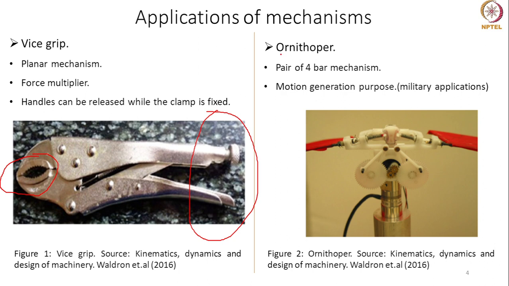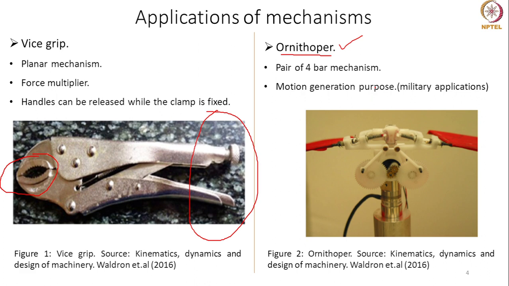The second one is an interesting one. It's an ornithopter mechanism, a combination of three mechanisms. As I told you in my previous slide, it can be a simple mechanism or a combination of mechanisms. I'll first define what an ornithopter is.